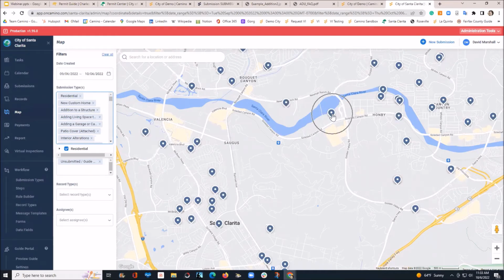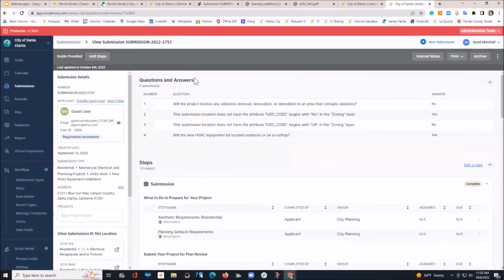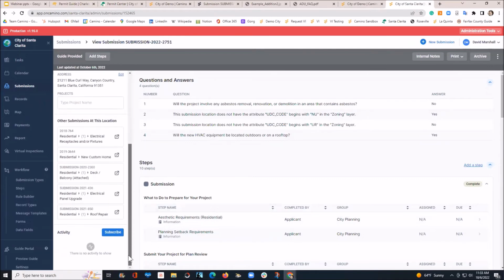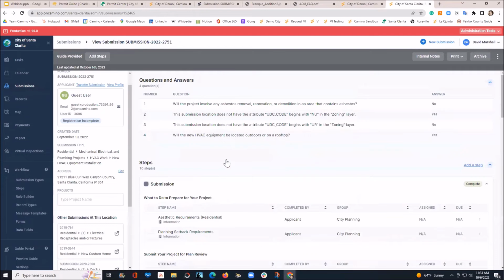Then you can come in, click on a specific project, see the basic details on it. And if you want, click on it and go into the guide itself, right? And see all the information that was shared with them. With it, Camino also shares the questions that were asked of them and how they answered them, right?